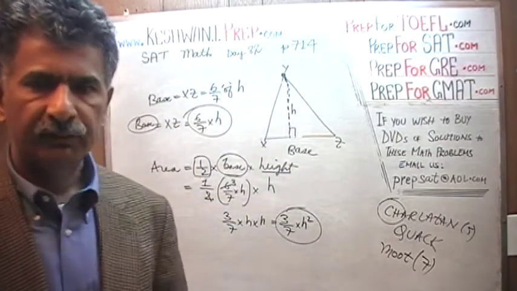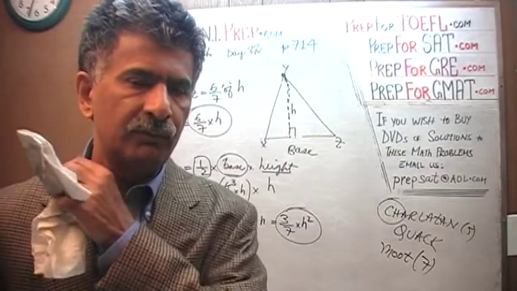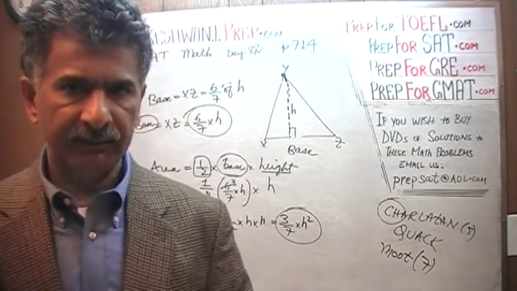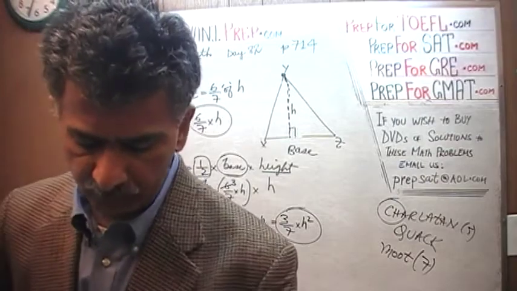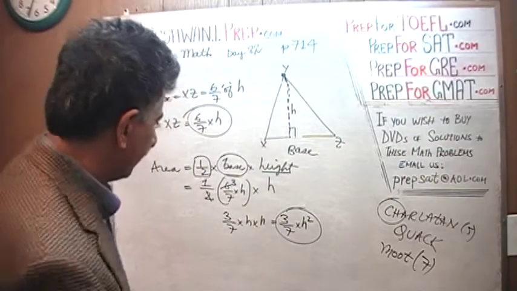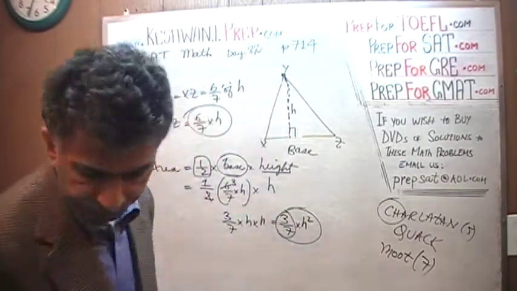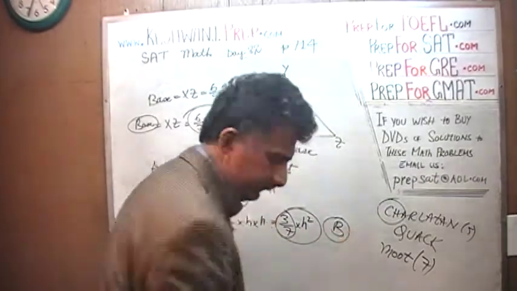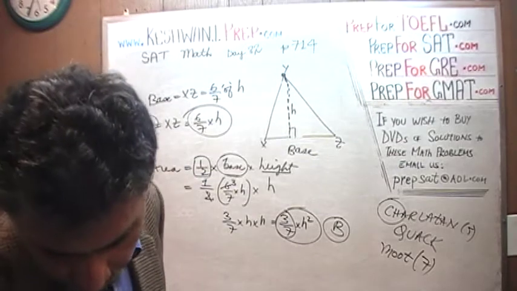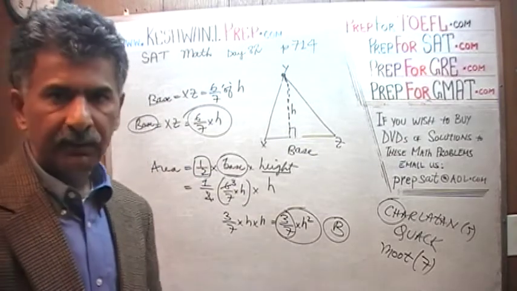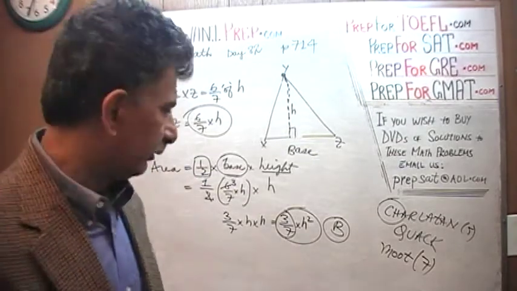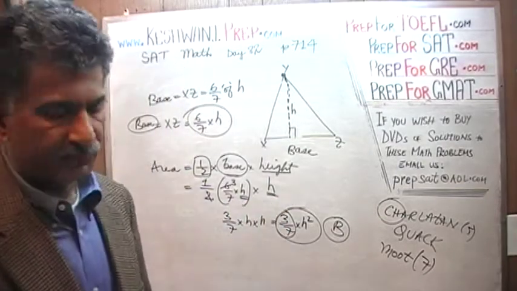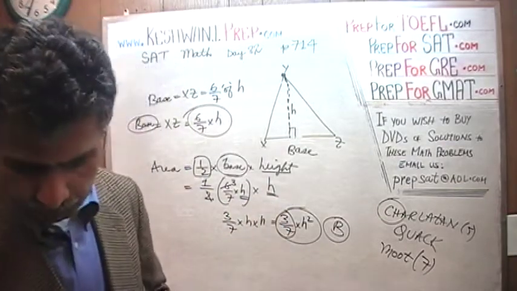The area of this triangle is 3/7 of the square of its height. Whatever its height is, you take the square of it, and 3/7 of that amount is the area. And the answer is B. Make sure you pick B and not C, because in C, h is not squared. We need h squared because it is h times h. That was number 7.